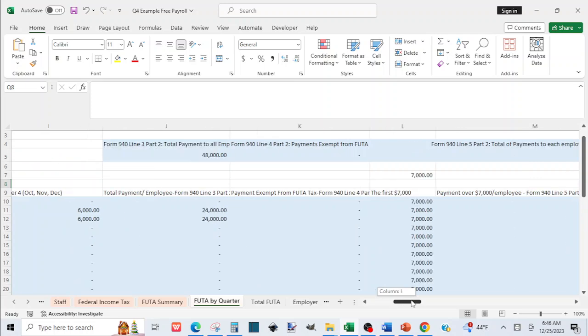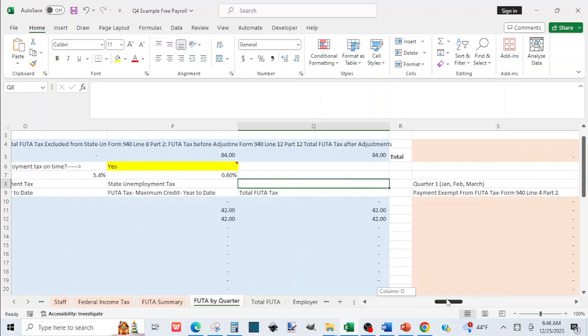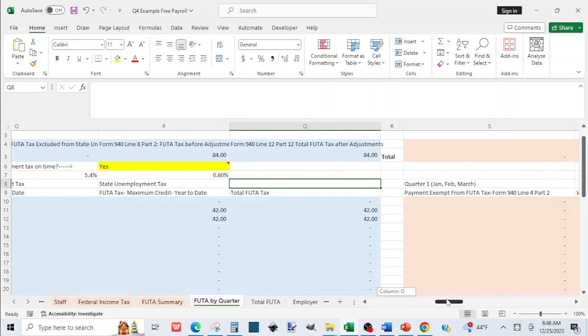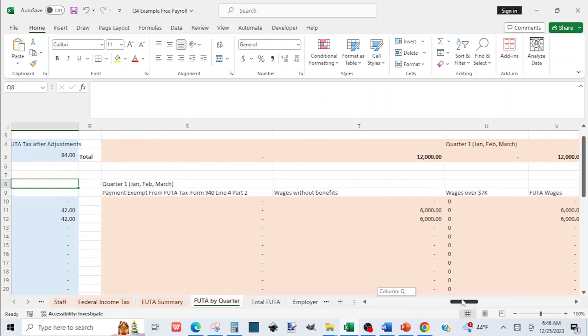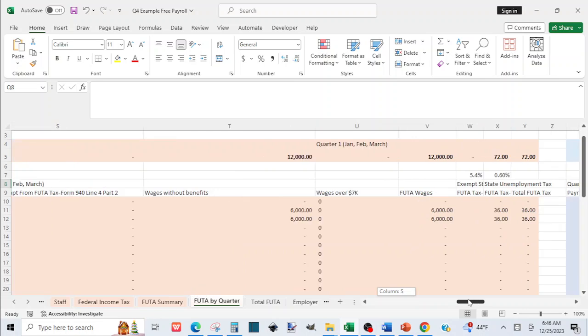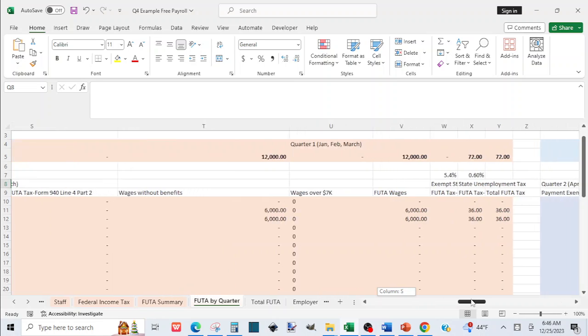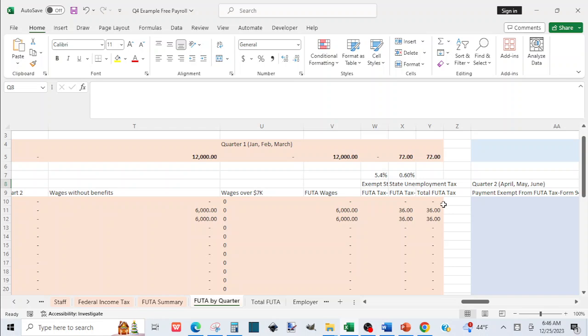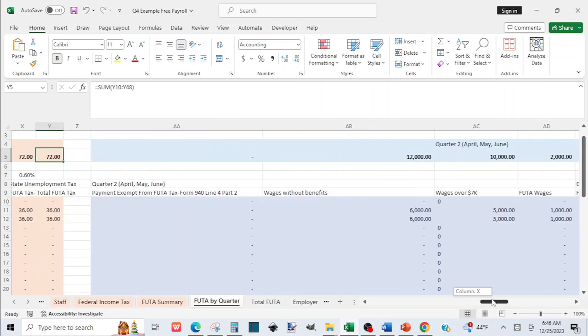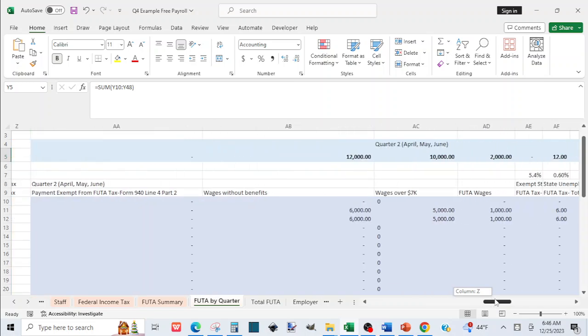And even the free version has been modified earlier this year, and it includes the quarterly section as well. And we do have the quarterly liability, because it's the first 7,000.